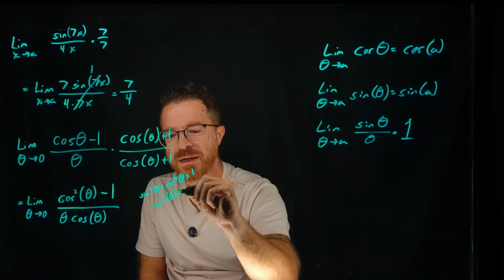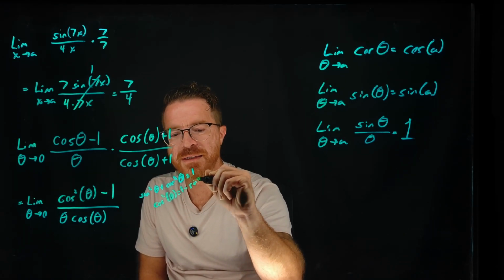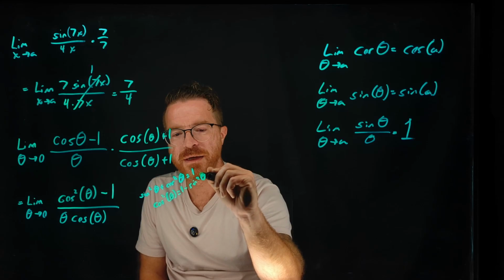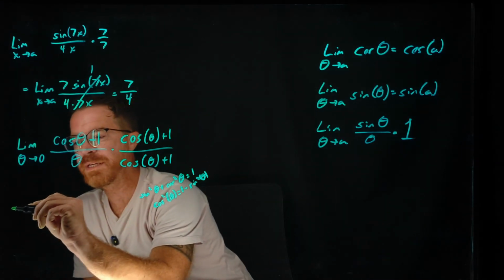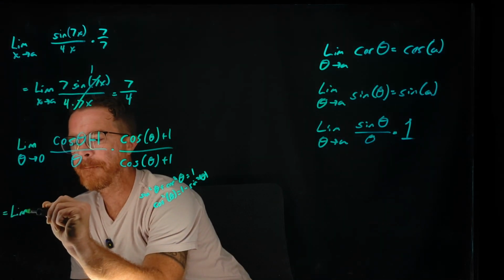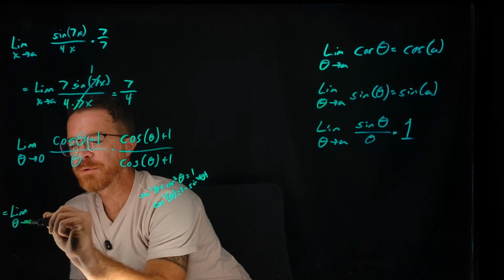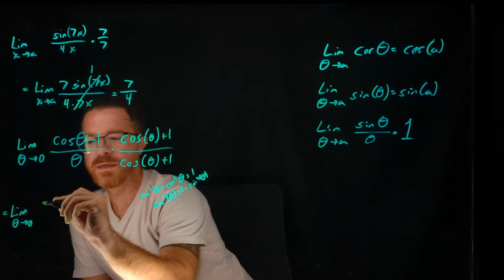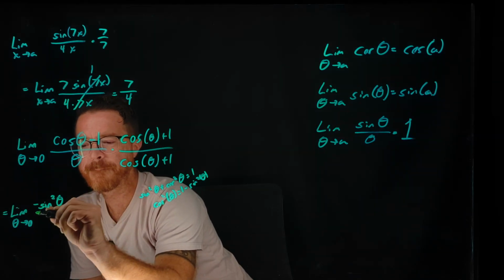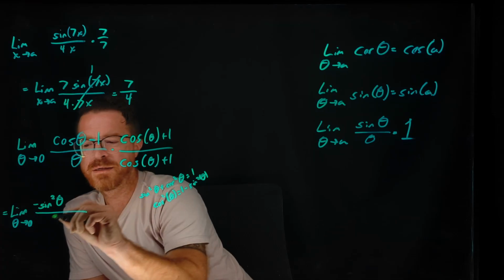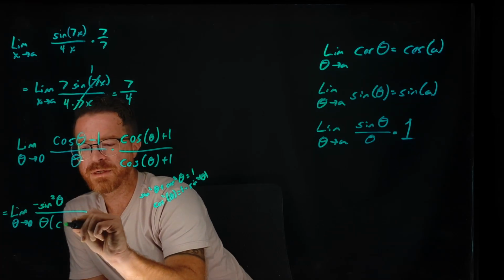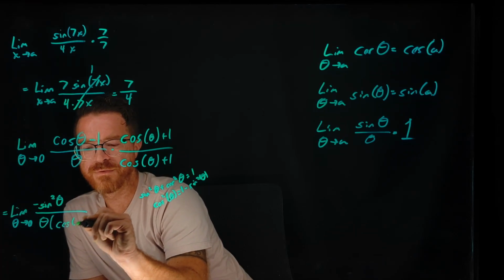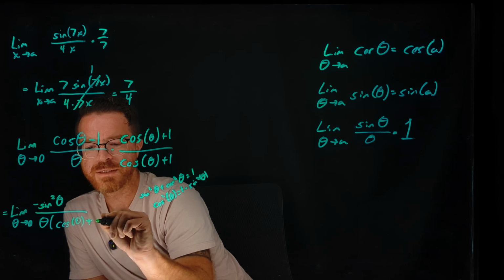So cosine squared of theta is going to be 1 minus sine squared theta. So using this fact, this is going to be equal to the limit as theta approaches 0 of negative sine squared of theta divided by theta times cosine of theta plus 1.